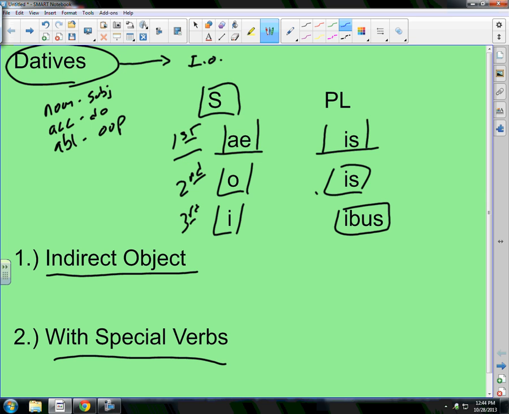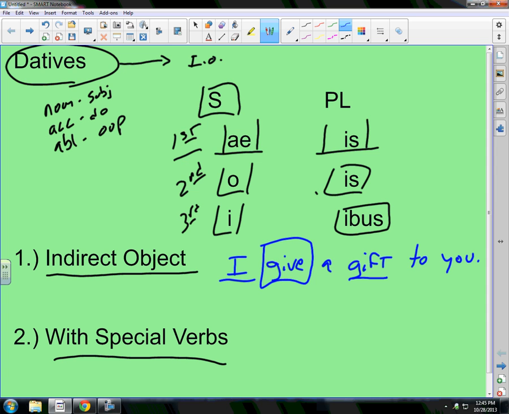In English, if I give a gift to you, I would be nominative because that's my subject. This would be my verb. The gift would be in the accusative case because it is our direct object, and you would be in the dative case because it is our indirect object.